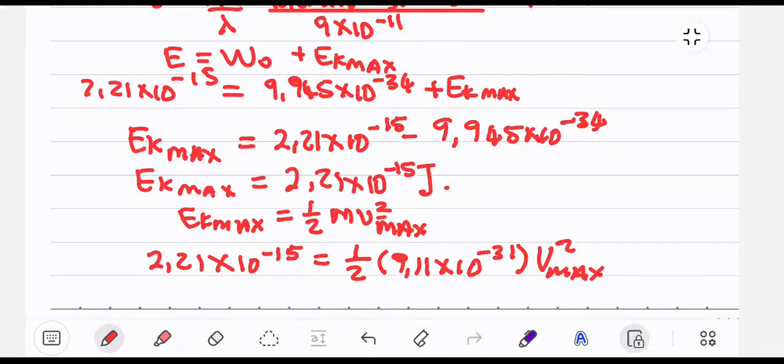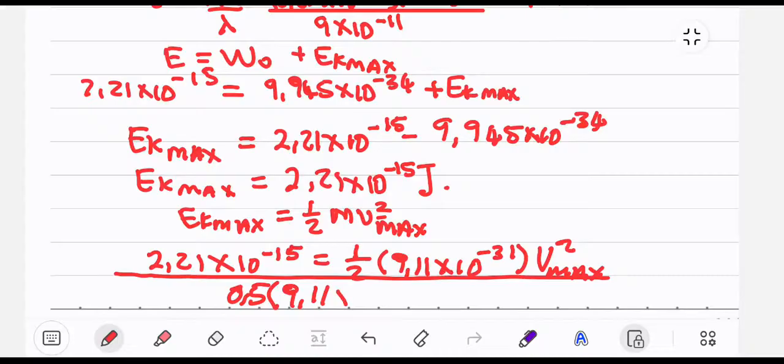So I'll divide both sides with this thing over here. I normally write it like this. I'm dividing with 0.5 into 9.11 times 10 to the negative 31, such that I know that 1 over 2 is 0.5, and then I'll cancel this on this side, and then divide on this side.